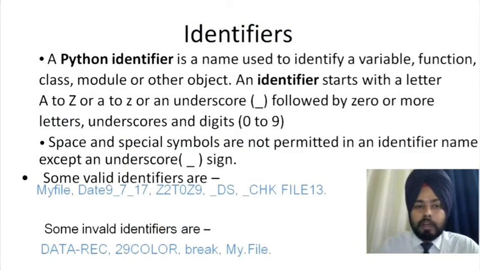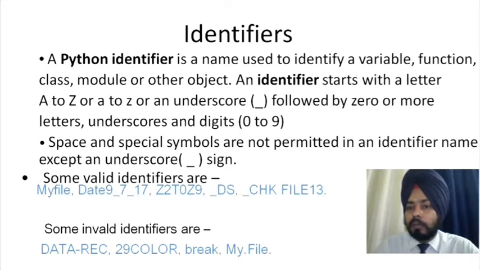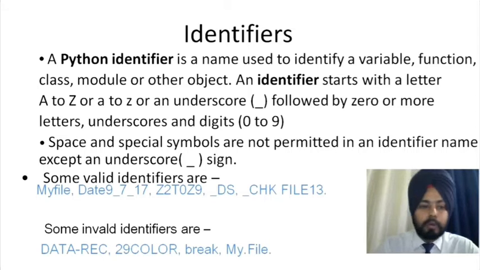Identifiers. An identifier is the name used to identify a variable, function, class, module or other objects. An identifier starts with a letter, capital A to Z or small a to z, or an underscore, followed by zero or more letters, underscores and digits 0 to 9.